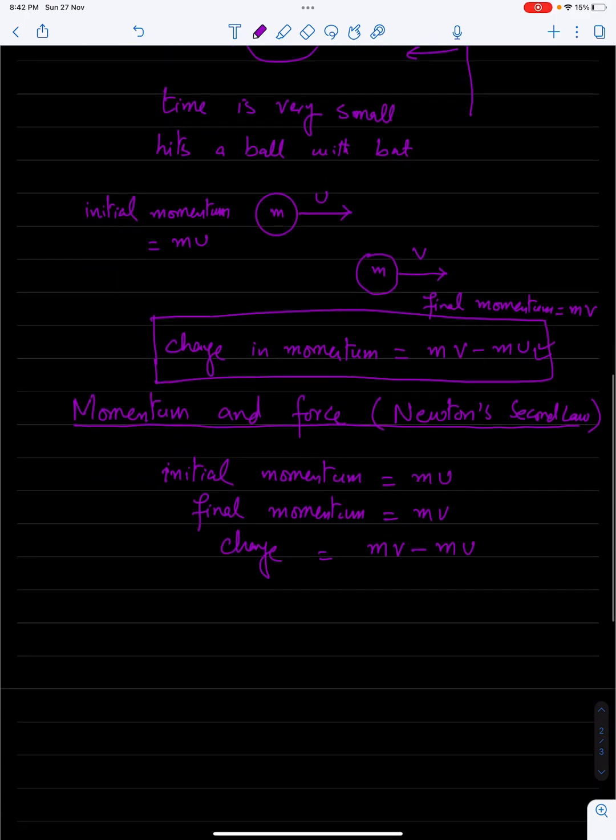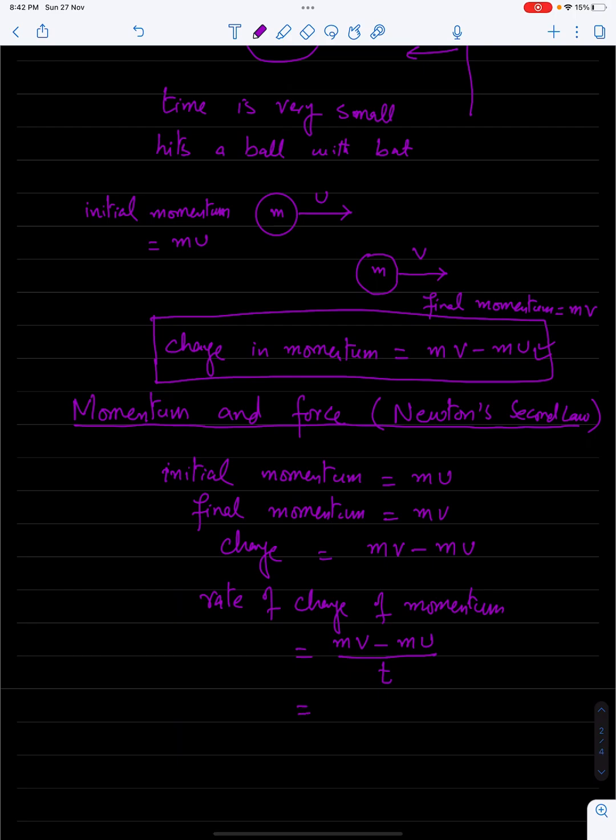So this is change in momentum. If we talk about the rate of change of momentum, then we have to consider that short span of time during which this change has occurred. So the rate of change of momentum will become mv minus mu divided by time. Right? Now if we take m as common, we get m times (v minus u) over t.